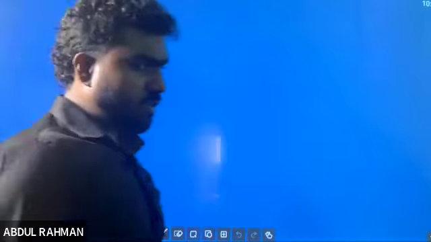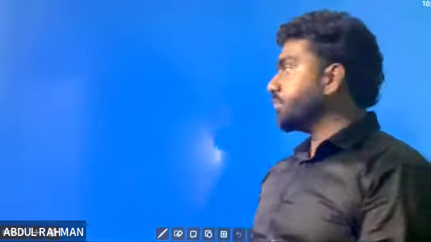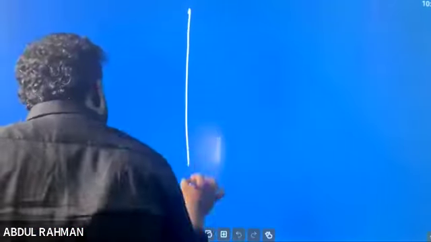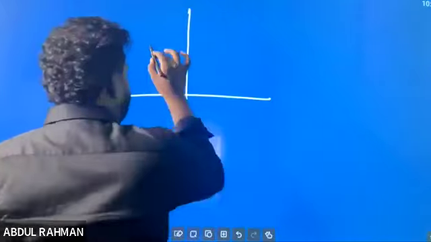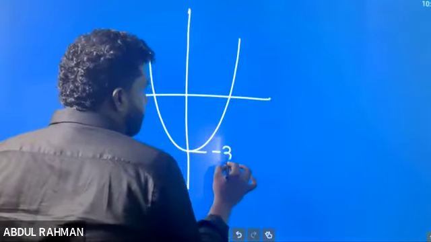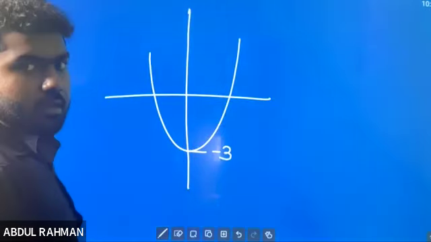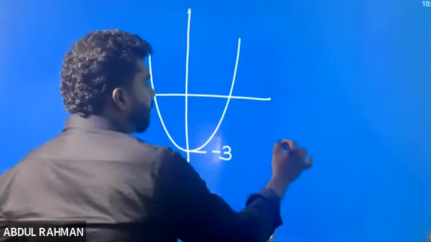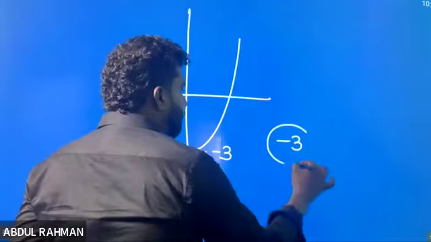Now, when a graph is given, you will find out the turning point. Yes or no? Now let's say, if a graph is given like this, is -3. What is the turning point of the graph? -3 is the graph.